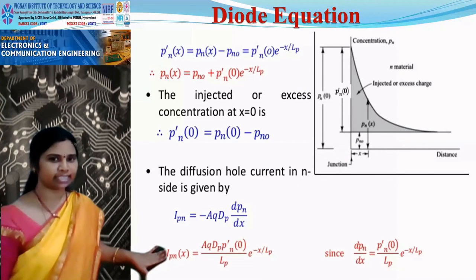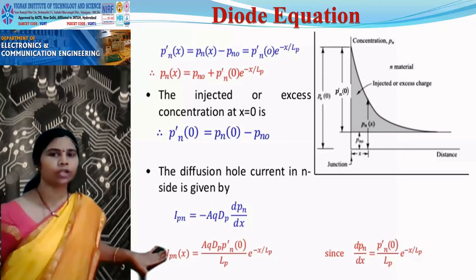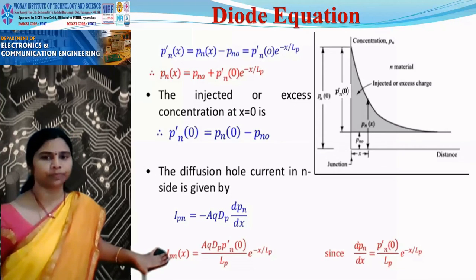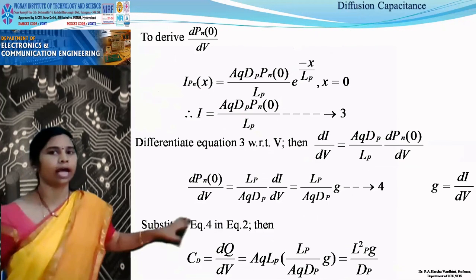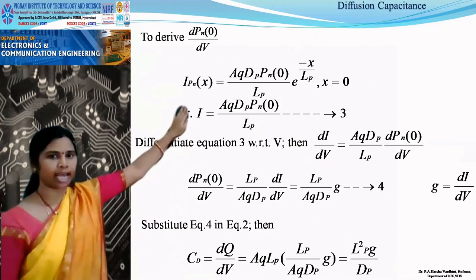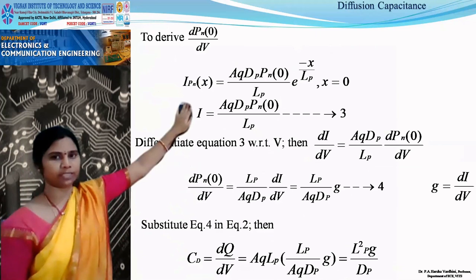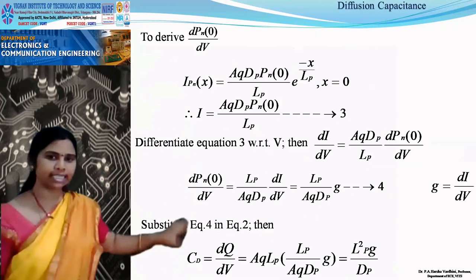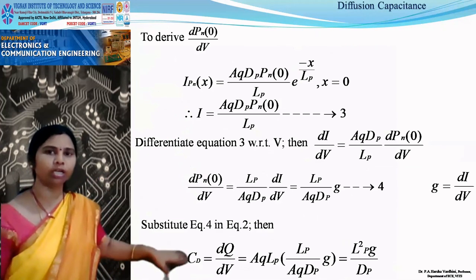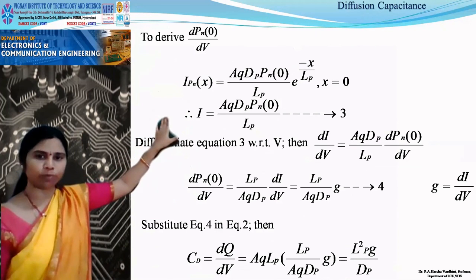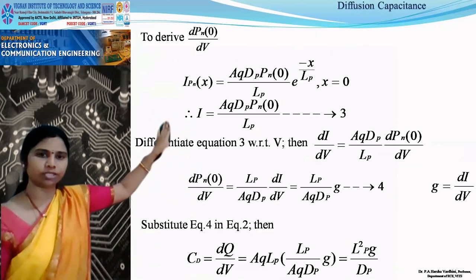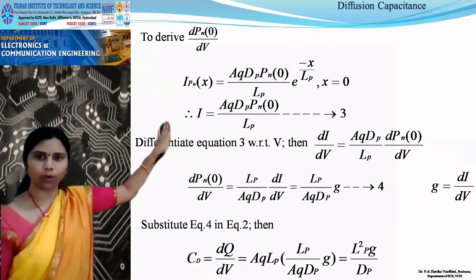So I can take this equation directly to derive that term. I have taken the current value and again represented the equation, which represents the hole current. So this process is totally to derive dPn of 0 by dV. You are differentiating the hole concentration with respect to the applied voltage.